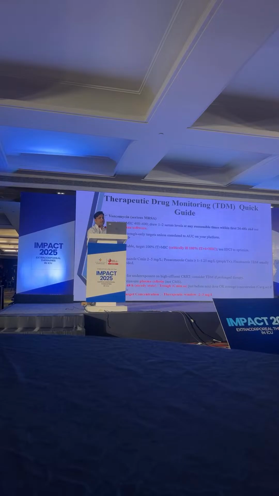AUC/MIC is measured by dosing software, where we enter data like patient details and serum creatinine levels, and mainly one to two serum samples are drawn at any reasonable time within the first 24 to 48 hours. Avoid trough-only targets unless correlated to AUC on your platform, because trough levels are not reliable in high clearance.